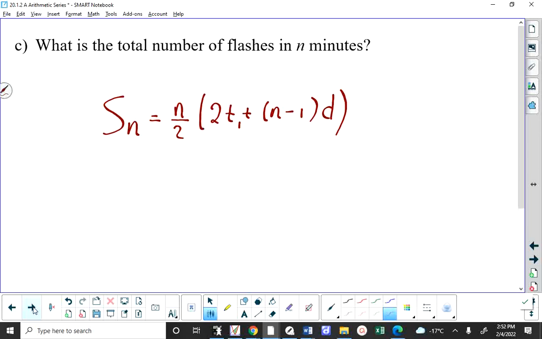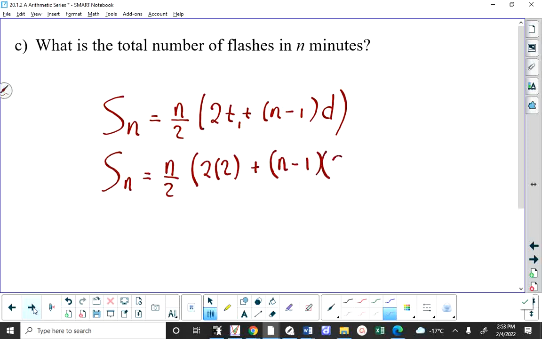Right? That's the formula. Well, let's put in everything that we know. Sn is n over 2 times 2 times 2 plus n minus 1 times 2.